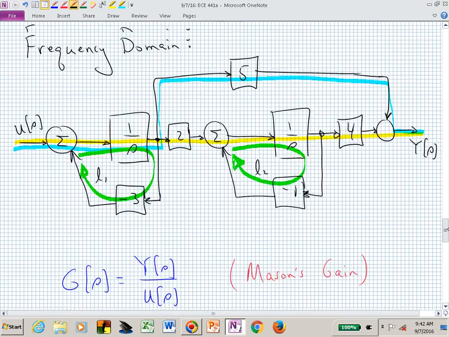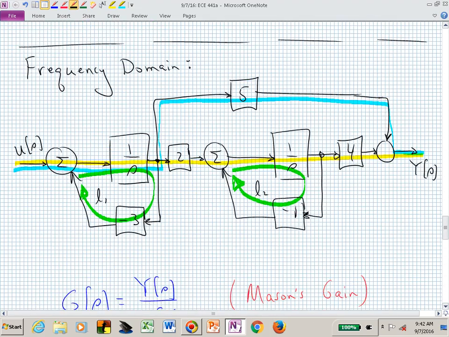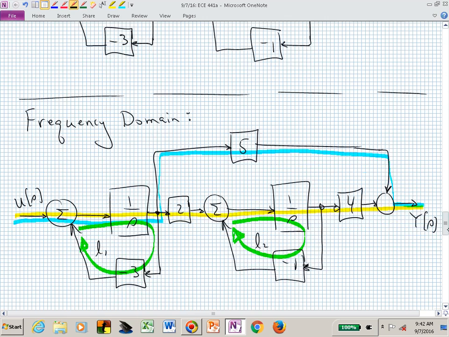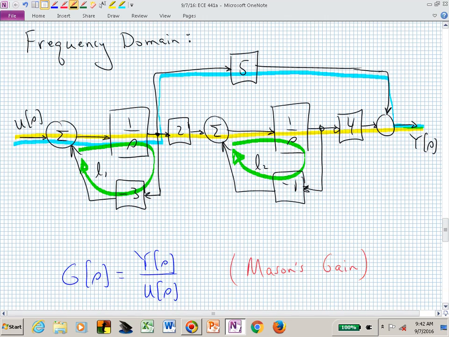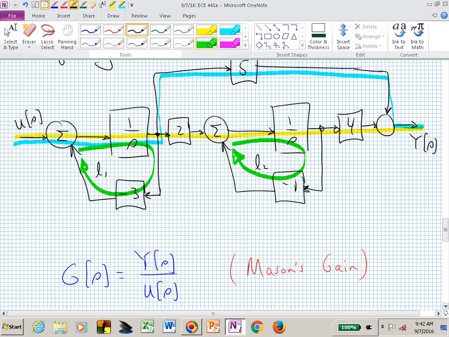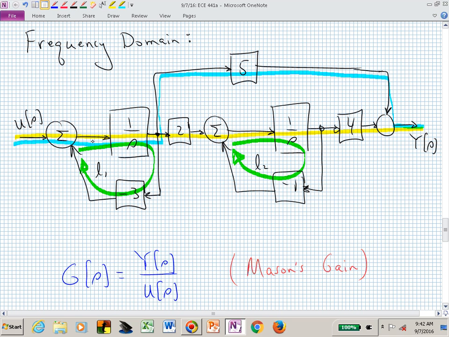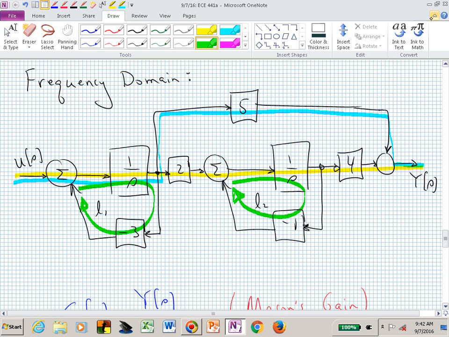So a loop touches when, I should have maybe had an example, but that will be for homework. But let's say that I actually had a loop that did this. Then that purple touches loop 2 and loop 1.